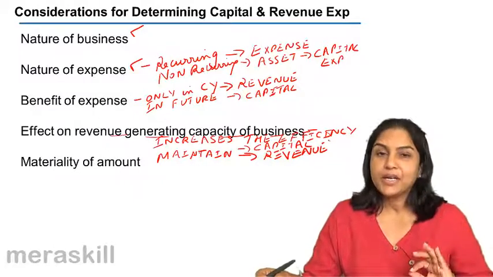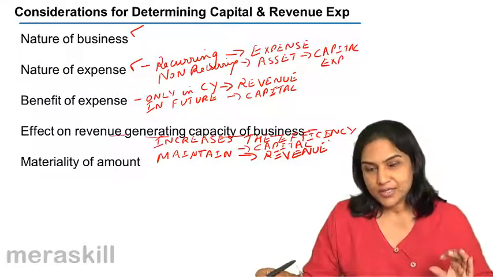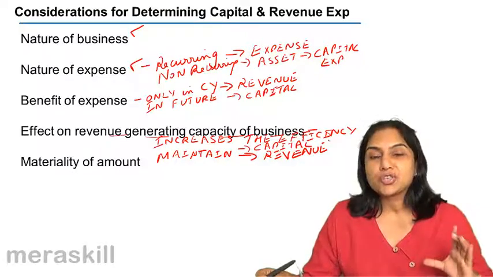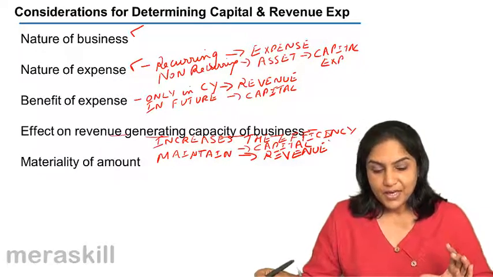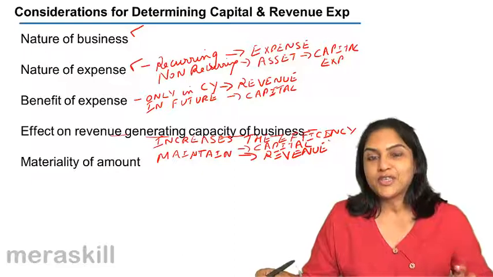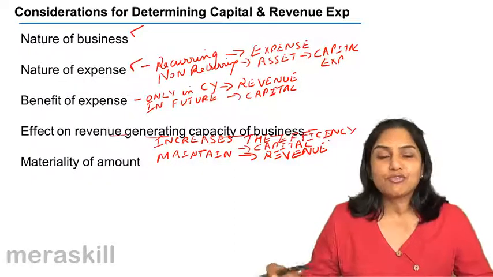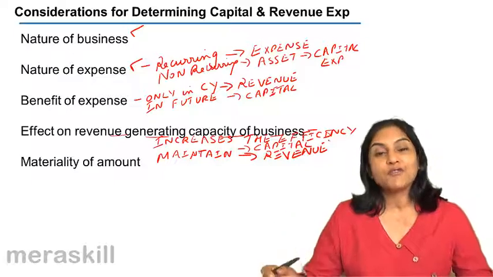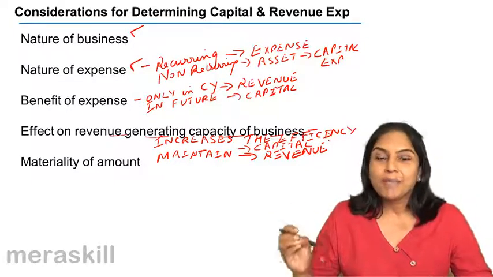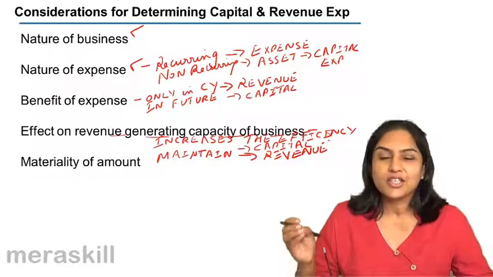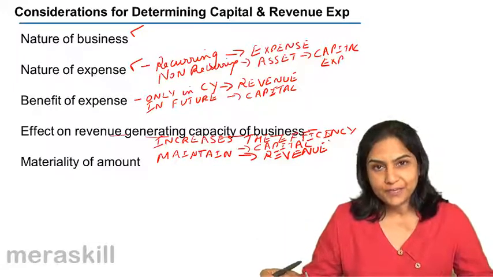For example, if we buy a calculator, it may cost us only 300 rupees. The benefit of this calculator we would have over the next 5 years. We could easily use this calculator, let us say, for the next 5 years. But the amount spent on a calculator is very small. It is only 300 rupees.